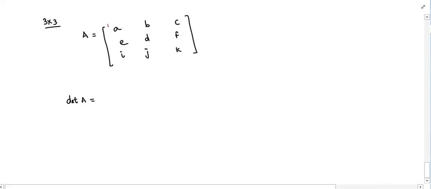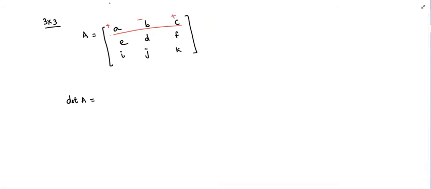So we start with the first row. We can expand the determinant by any row or any column, but we prefer to do it by the first row. So we consider the signs of the first row positions as plus, minus and plus.